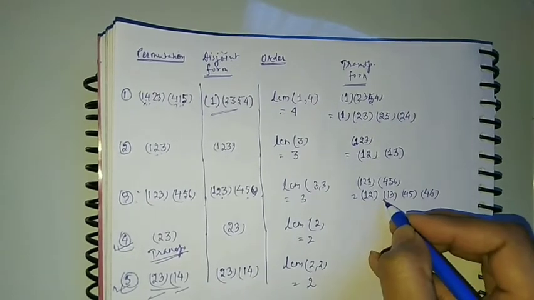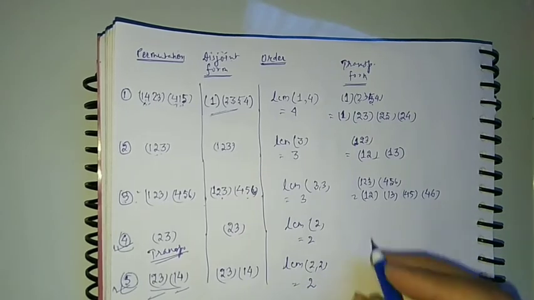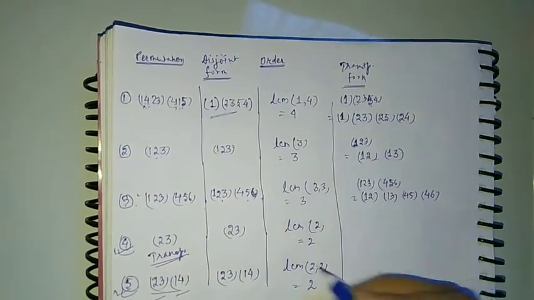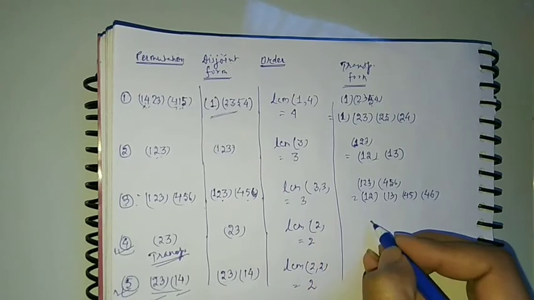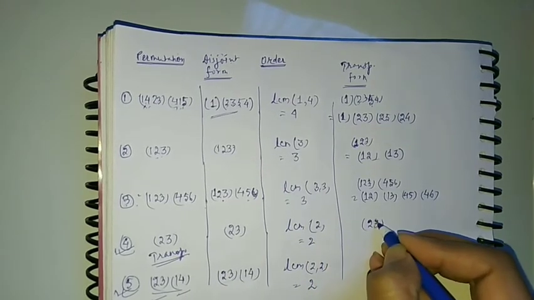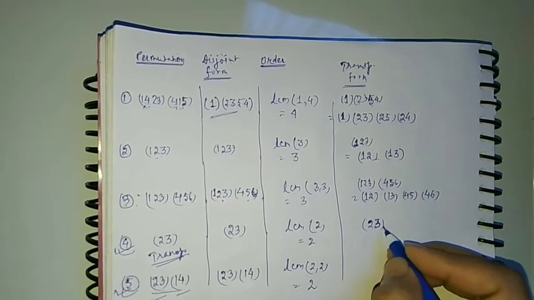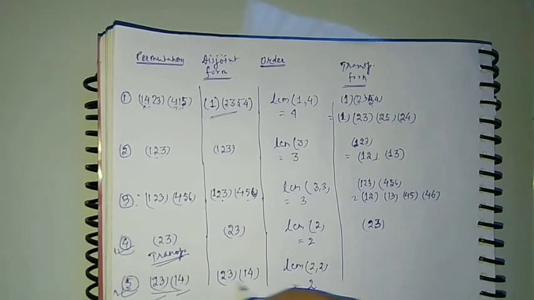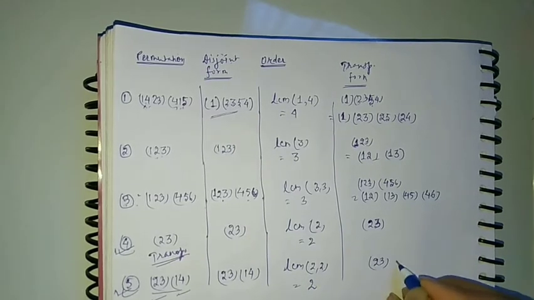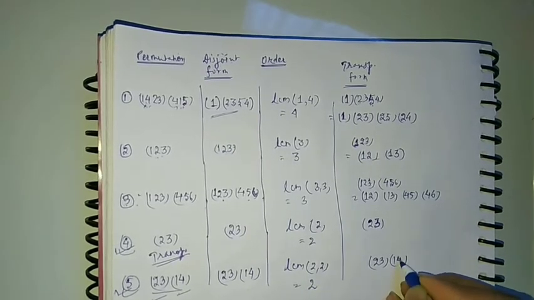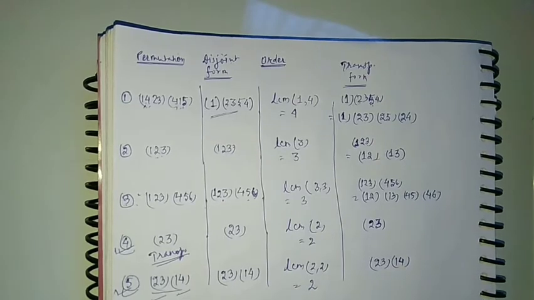So this is a product of 4 transpositions here. Similarly for this example 2 3, it is already in the transposition form, so we have nothing to do here, and here also it is a product of transpositions, so we have nothing to do here also.